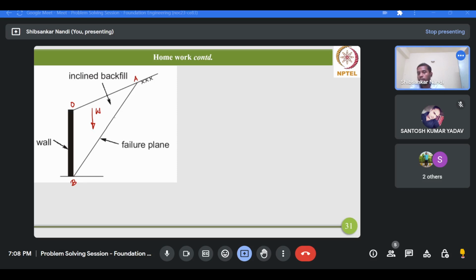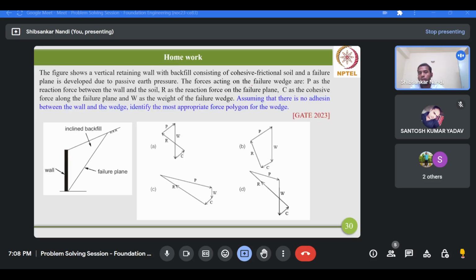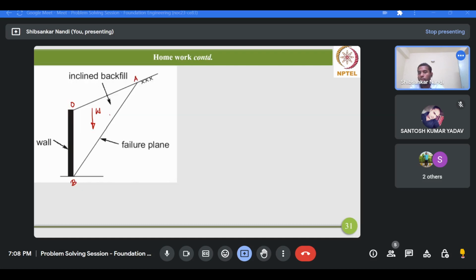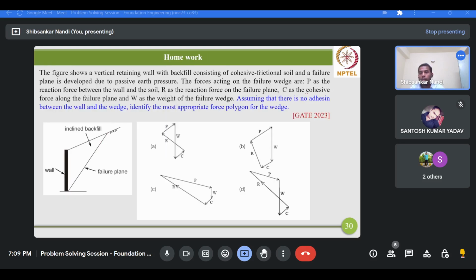Then the forces are already mentioned in this problem statement. Okay, so we'll consider them one by one. Then what force will come into the picture? The cohesive force along the failure plane.